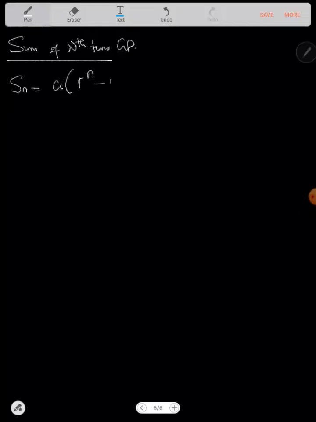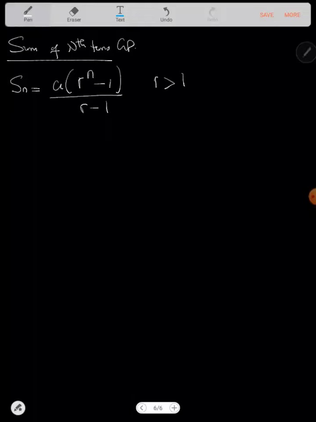Another part is the sum of nth terms. The sum of nth terms of a GP, remember it's the GP, is given by Sn equal to a, open brackets, r to the power n minus 1, divided by r minus 1. You can only use this formula when r is greater than 1.